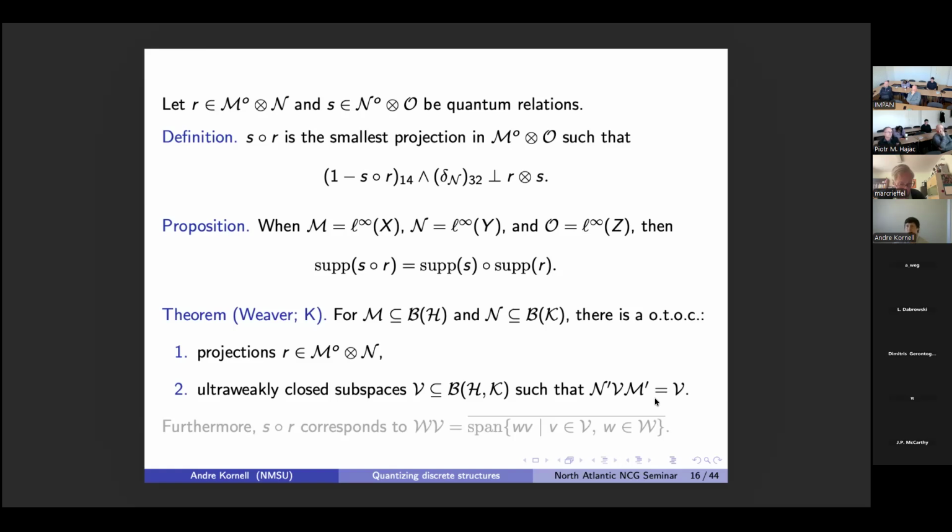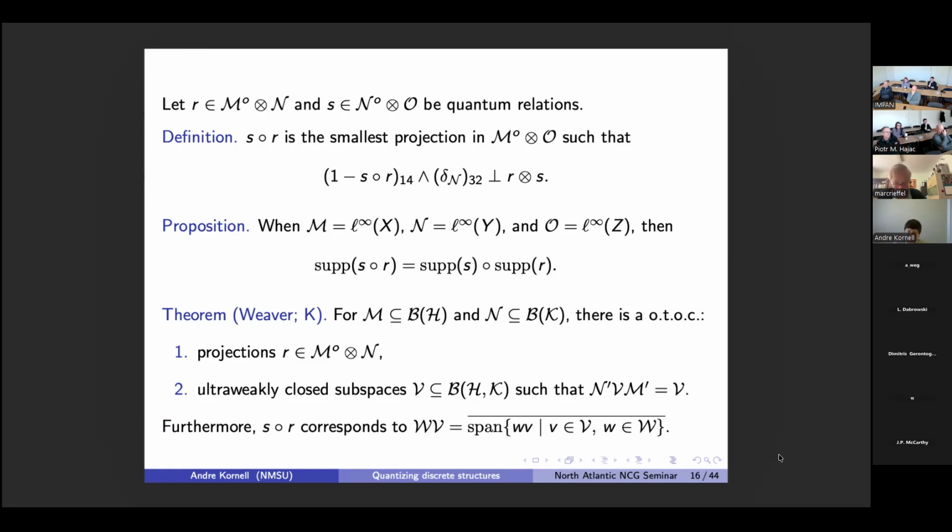In other words, our quantum relations coincide with Weaver's quantum relations. And furthermore, this is functorial, so composing S with R in the sense of the definition at the top of this slide is the same as composing these bimodules. So here we take products, we take their span, and we take their closure, of course, in an ultra-weak sense.